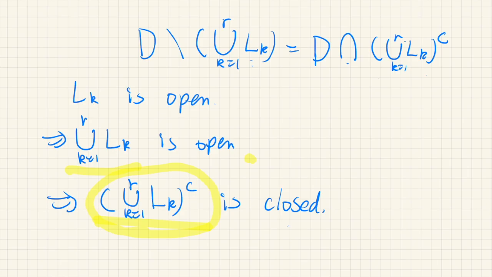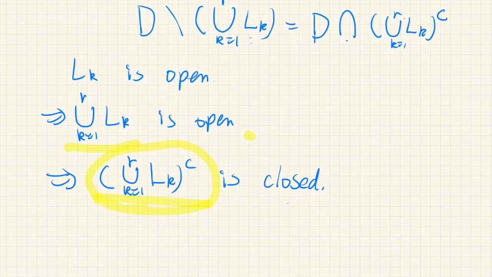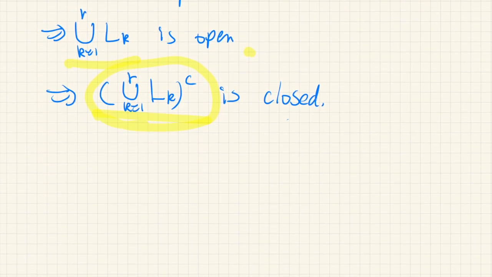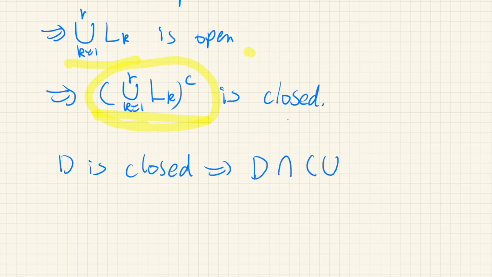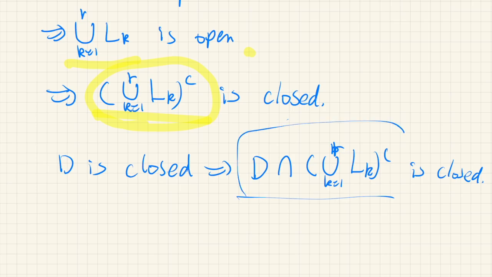Now, D is closed. And therefore, the intersection between two closed sets is closed. Why is it so?